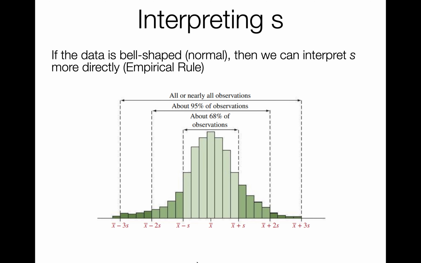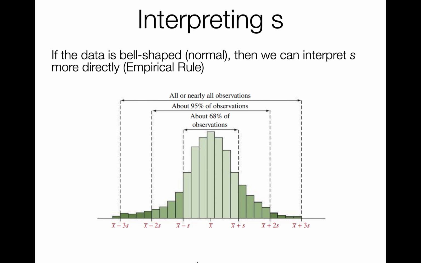Any data that looks like a bell curve in some way or another, we're usually going to call normal. There are different circumstances that we'll talk about later, but usually, if it looks like this picture below, then it's normal. And if that happens, we can interpret S more directly using something called the empirical rule.